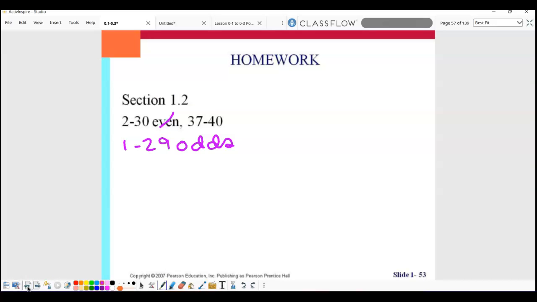Okay, section 2. Yep, so 129 odds works out perfectly. And like I said, the 37 to 40, they do kind of group together.